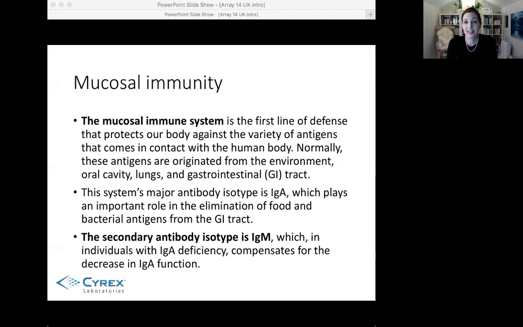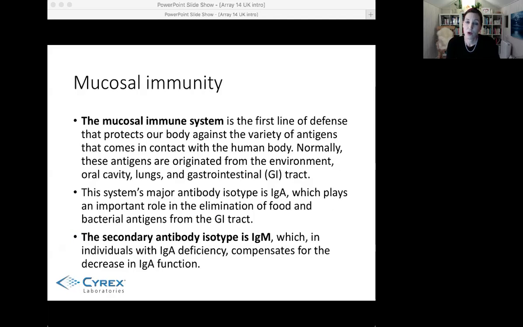The mucosal system's major immunoglobulin is IgA, and IgA plays a really important role in elimination and management of food and bacterial antigens in the GI tract and also in the mouth. But in the mucosal immune system, we also have a secondary antibody, which is secretory IgM.